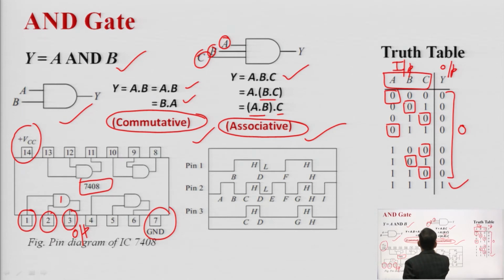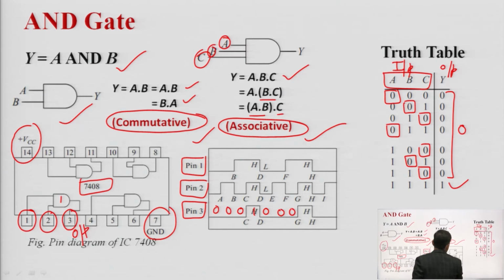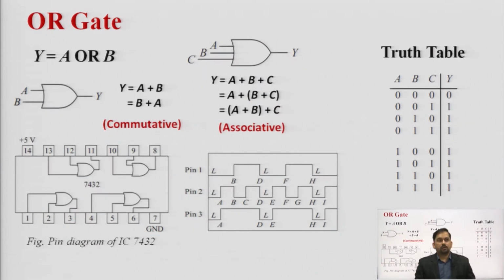So if we provide the pulse at pin number 1 and pin number 2, then at pin number 3 we can observe the result like this. But again in practice this result will be a little bit shifted due to the propagation delay of the logic gate.